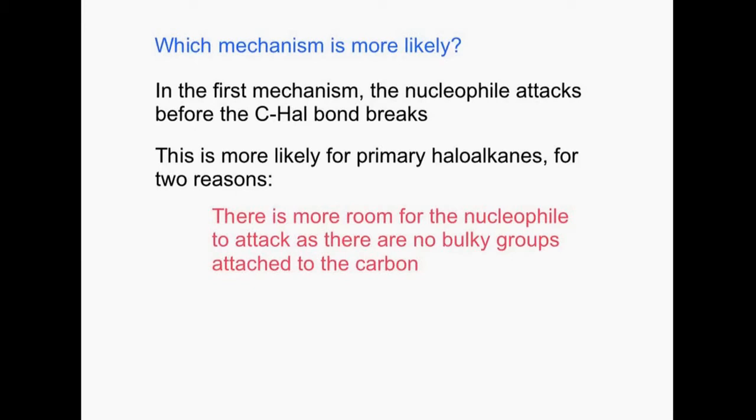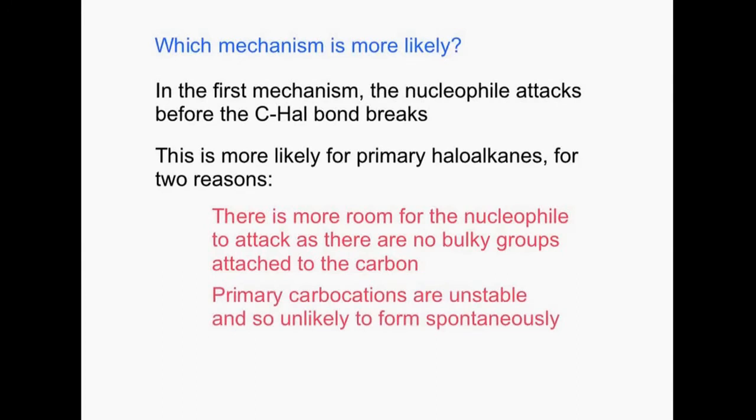There's more room for the nucleophile to attack on a primary halogenoalkane, because on a primary halogenoalkane you may have 1 carbon attached to the carbon with the halogen attached, but everything else will be hydrogen. So there's more room for the nucleophile to get in. There's no big carbon or methyl groups or anything attached.